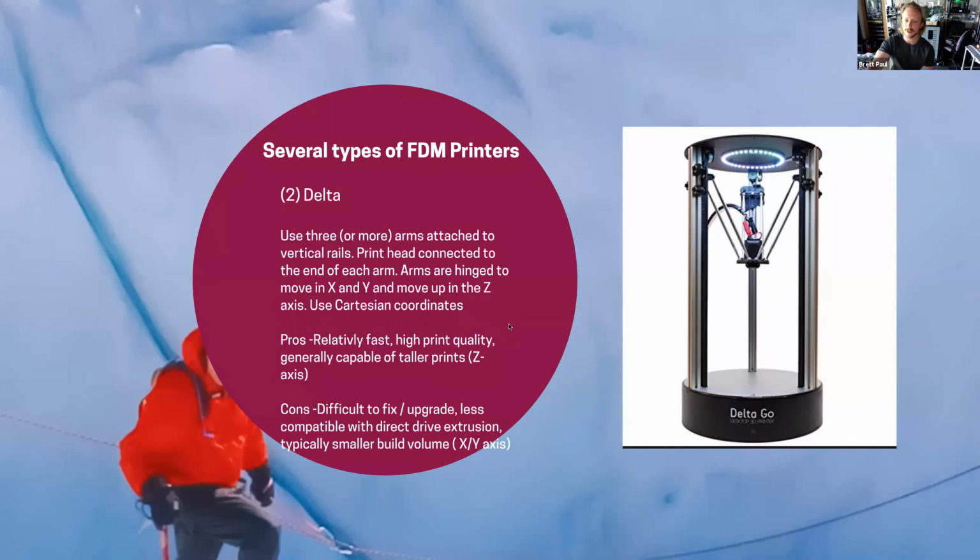The pros are that it's relatively fast, and you have a high print quality, based on the hardware and the mechanics and the design. Typically you can get taller prints on these, but with a smaller XY print area.